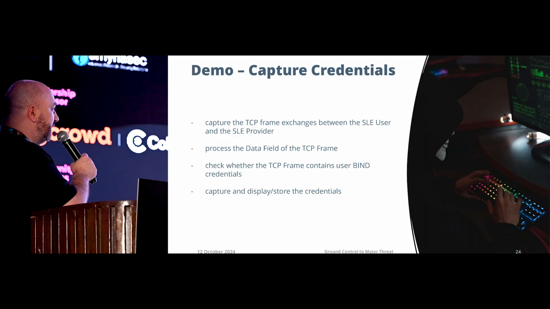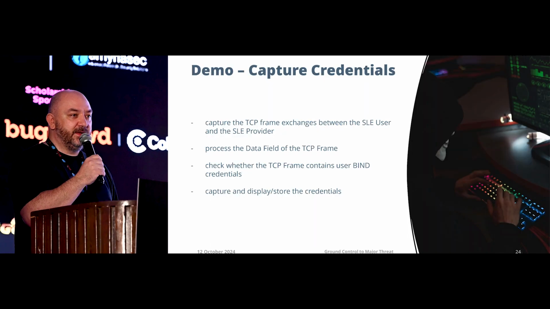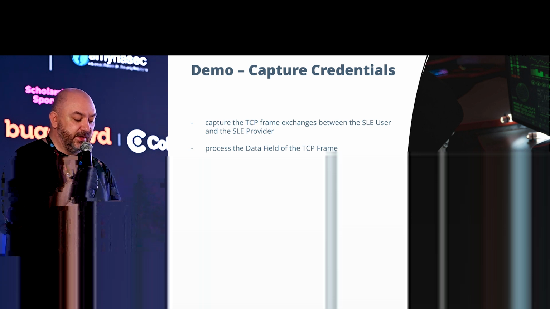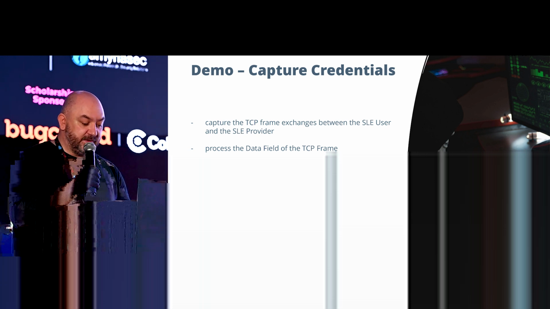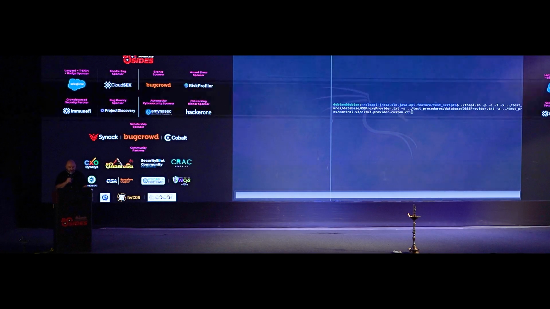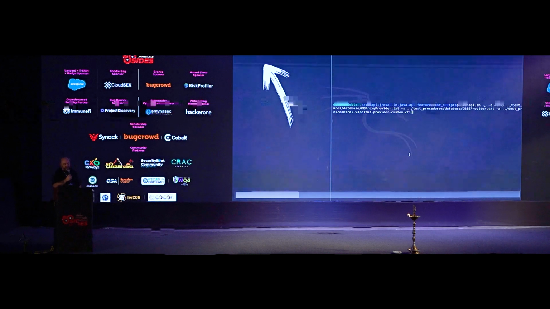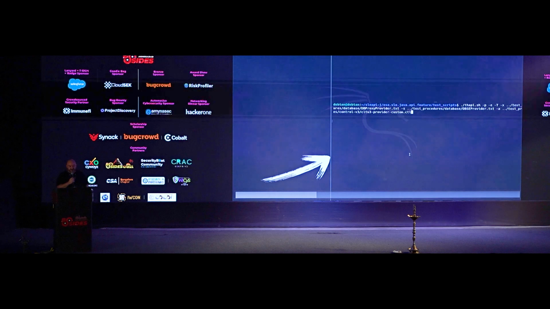Since we have access to the credentials, we can of course also capture them and display or save them for later use. So that's what this demo is going to be about. We start our exploit, and again we proceed with the same routine.